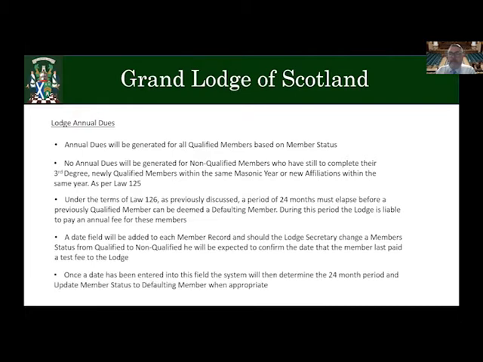And if that date falls within that 2-year period, he would still be due a capitation fee for this year, but as soon as it ticks over that 24-month period, the system would update him to be a defaulting member, and no annual fee would be either generated by the system or liable to be paid by the daughter lodge.